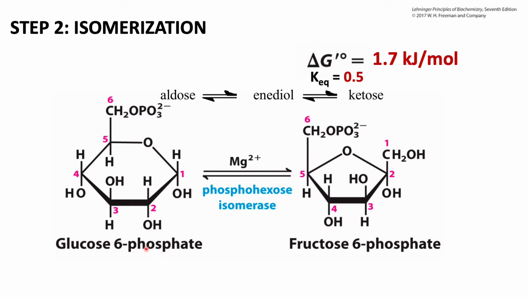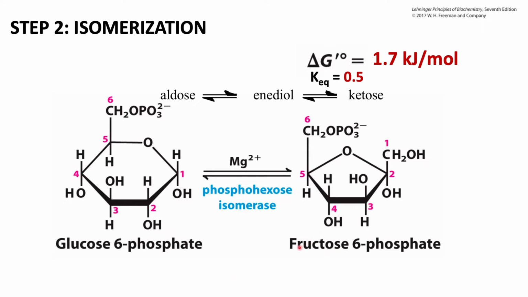We want the isomer of glucose 6-phosphate, which is fructose 6-phosphate. Since these two are isomers, it means the chemical formula is the same, just the chemical structure is different. So the glucose 6-phosphate is an aldose, whereas the fructose 6-phosphate is a ketose.